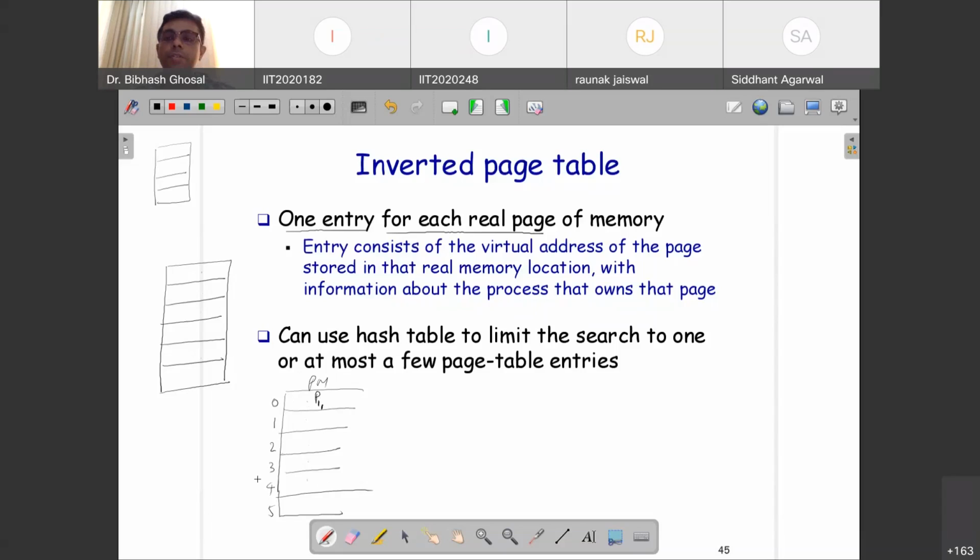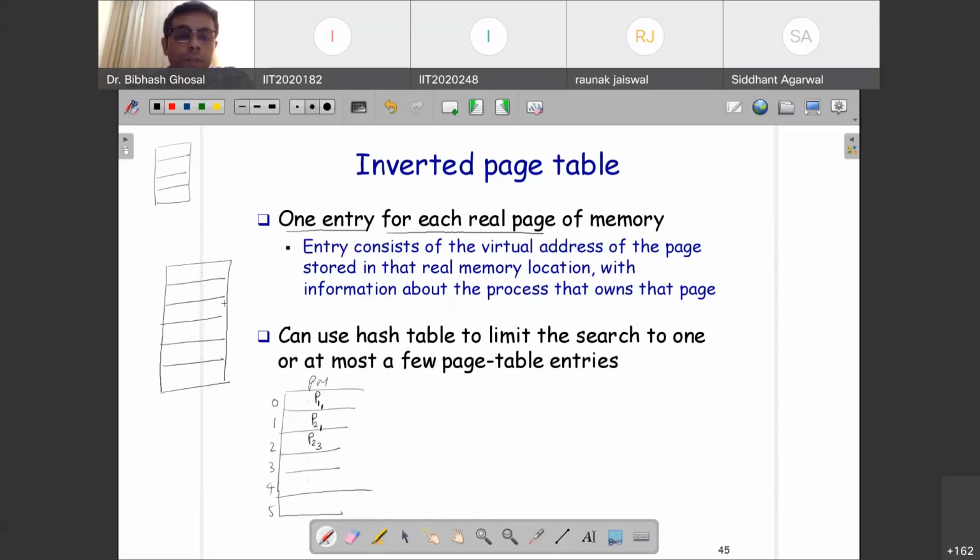What does frame number 1 contain? It contains page number 2 of process 1. What does frame number 2 contain? It contains page number 2 of process 3. See?